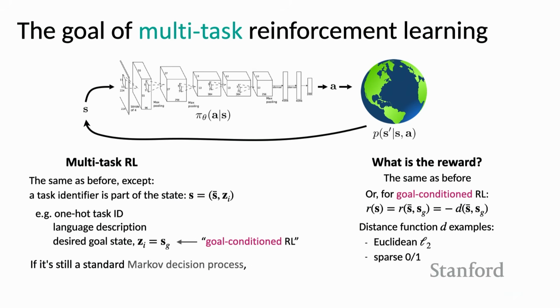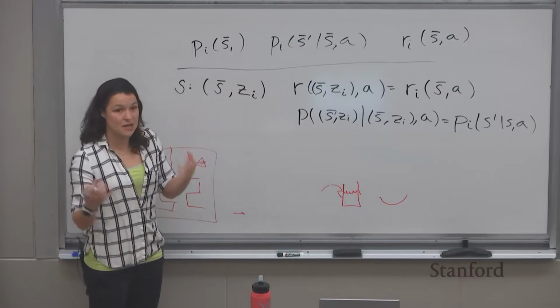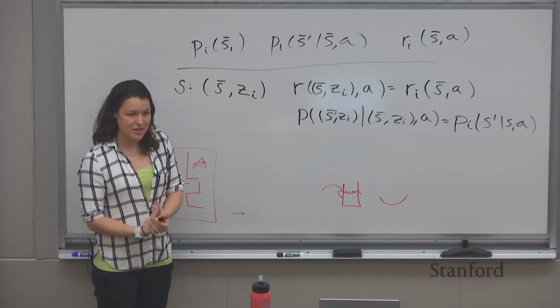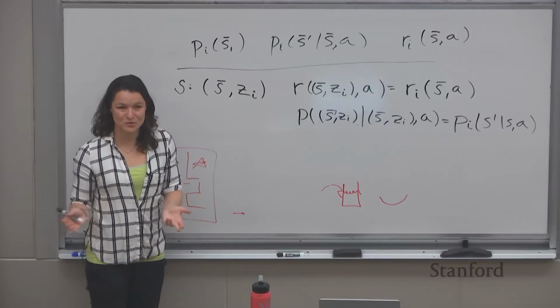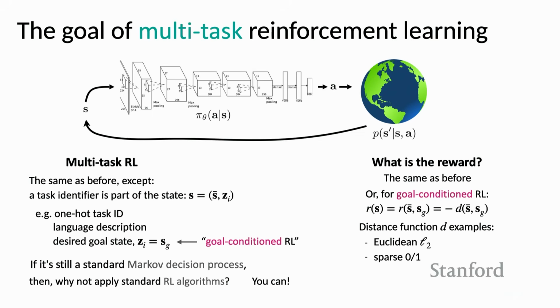So we still get a standard Markov decision process when we bring these tasks together. And you might ask, if we can get this standard Markov decision process that now has a task identifier, like a task string, as part of the state space, then why not apply standard reinforcement learning algorithms to them? And the answer is you can. In many cases, this is a great way to approach scenarios where you want to learn multiple tasks.